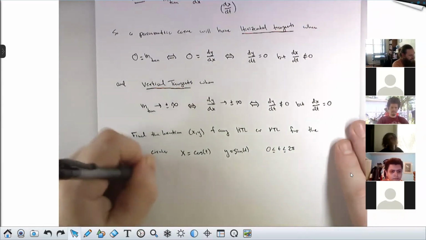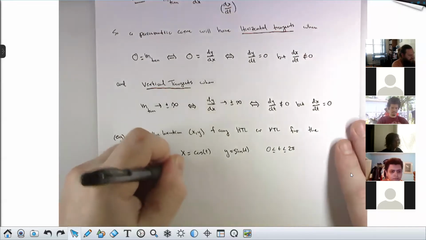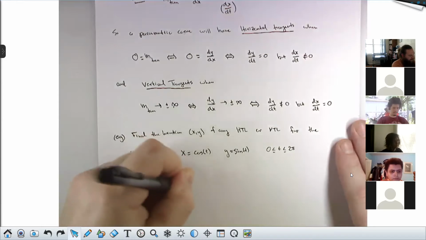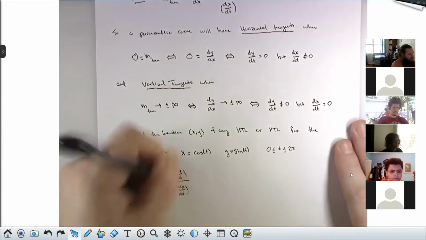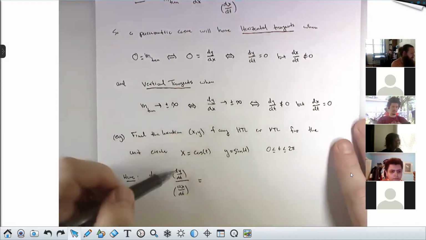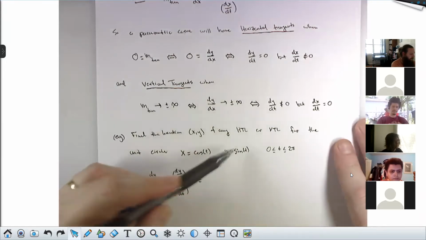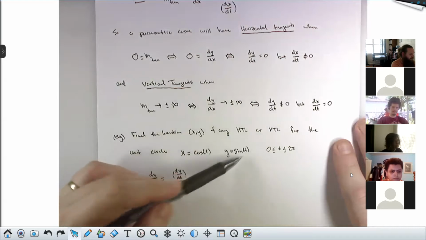Here, dy dx, it's always dy dt over dx dt, is the t derivative of the y function, which is sine. So the derivative dy dt is cos t.